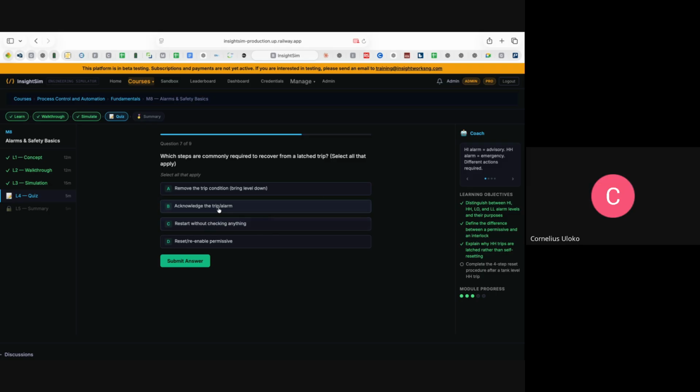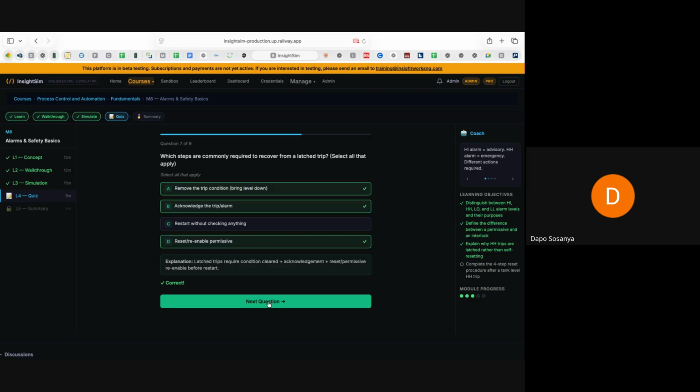So A, B and D. Latched trips require the condition cleared plus acknowledgement plus reset/permissive re-enable before start. Right.